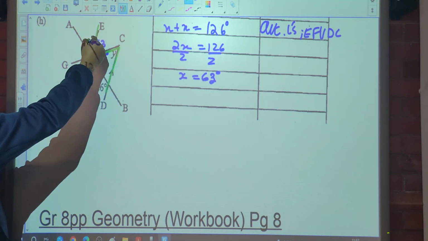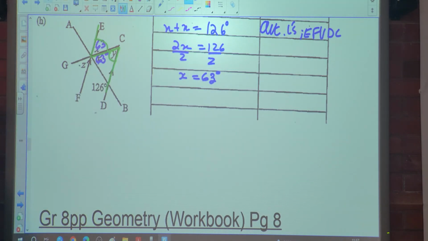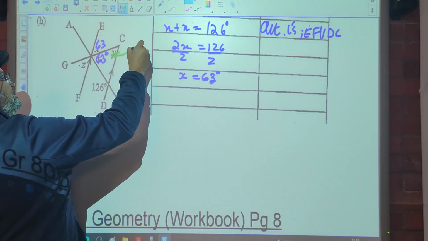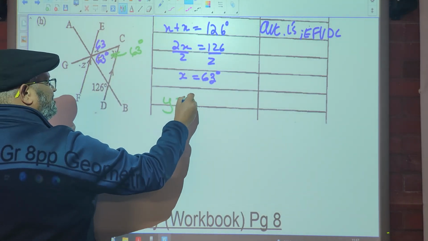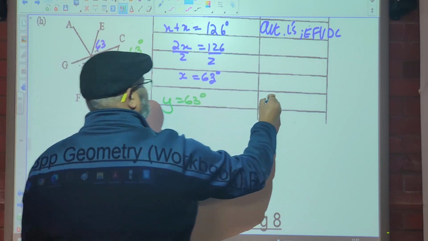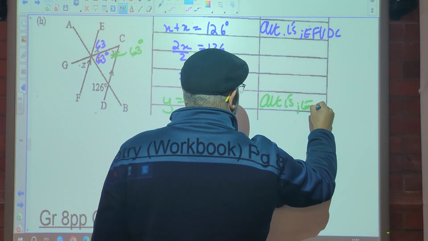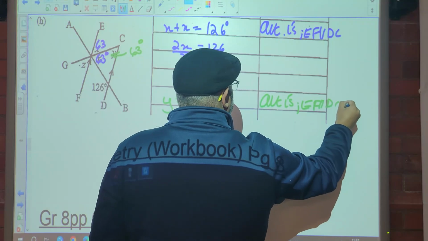Don't you see it, Chris? Not O. Z. Alternate. So Y is equal to 63. Why? Alternate angles with EF being parallel to DC.